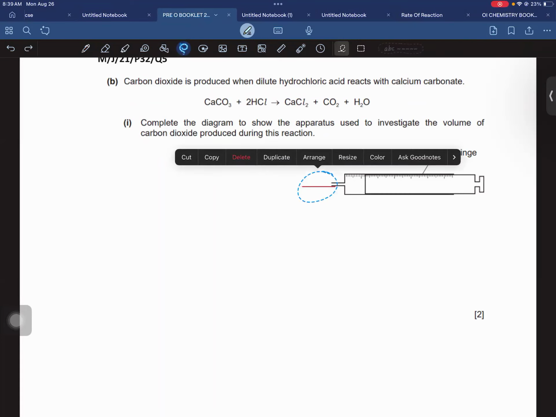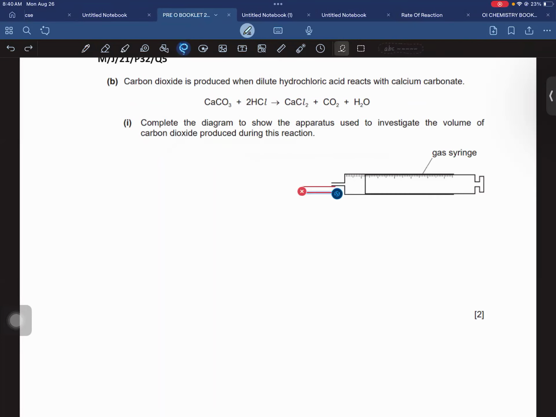I want to duplicate this. Sir, there will be a conical flask, delivery tube, and gas syringe. Exactly, yes.